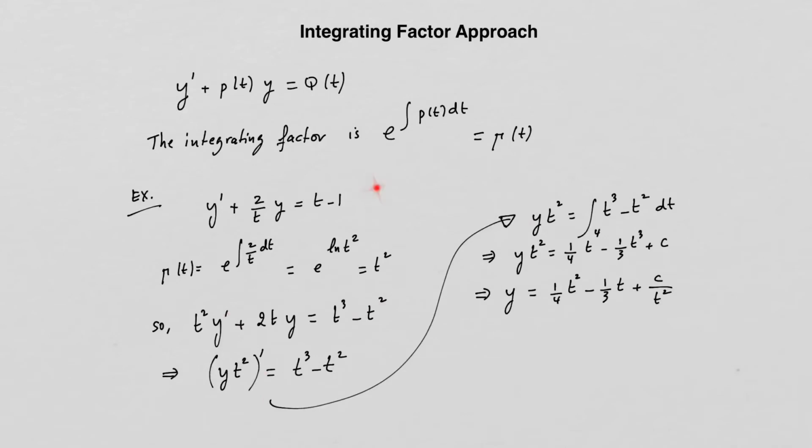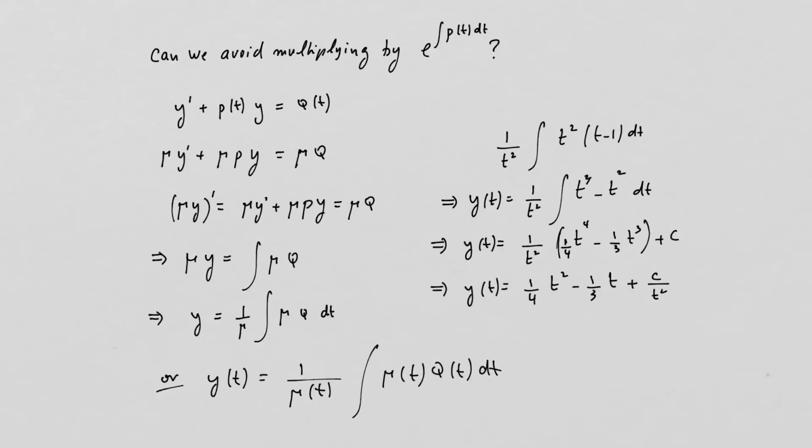You can go from here to here, so long as you know that mu of t happens to be t squared. If you know that mu of t is t squared, you can go from here to basically here or here, okay? So let's do that.